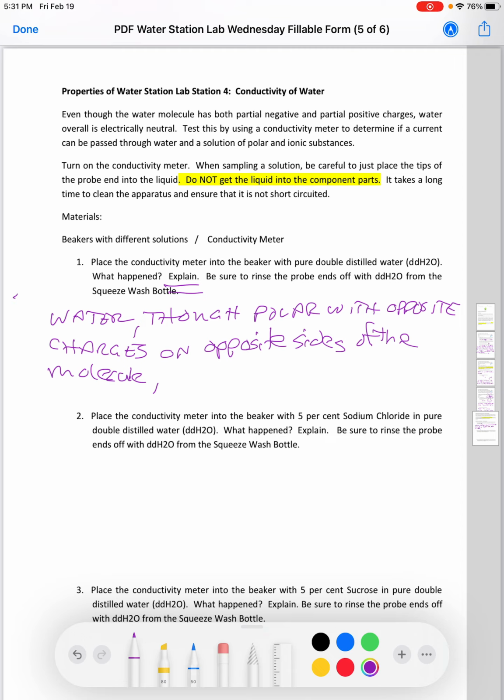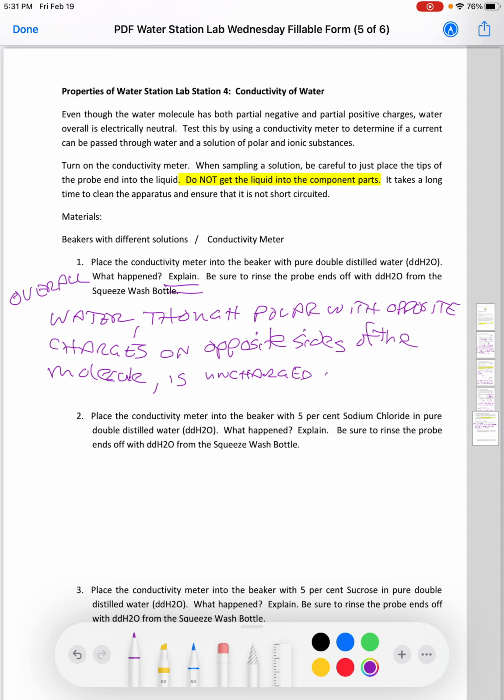let's put it this way. Overall, water, though polar with opposite charges on opposite sides of the molecule, is uncharged. Overall, there's no charge on water molecules.